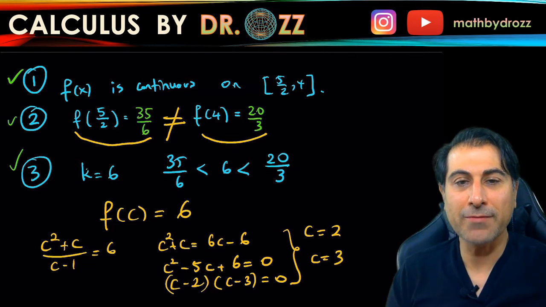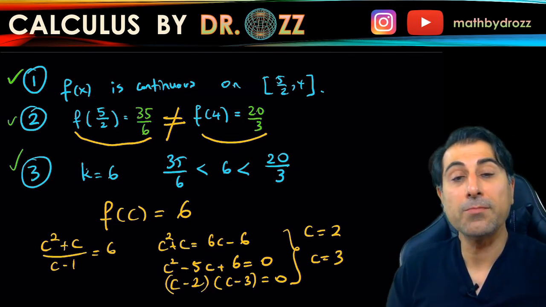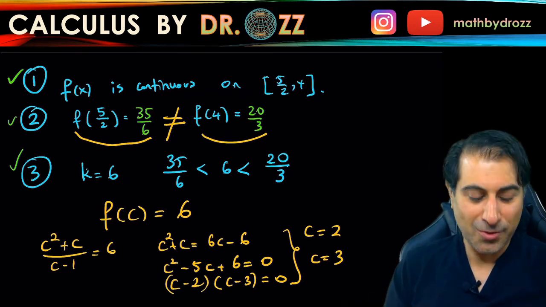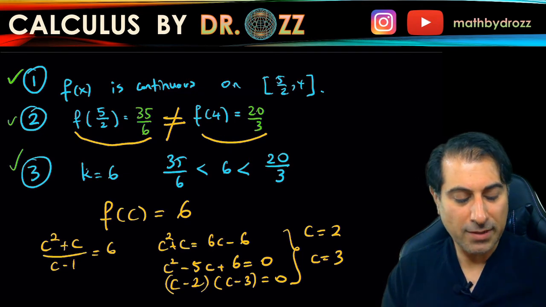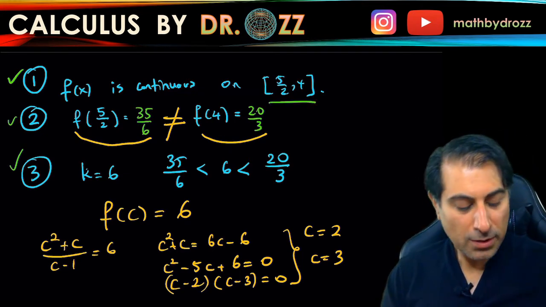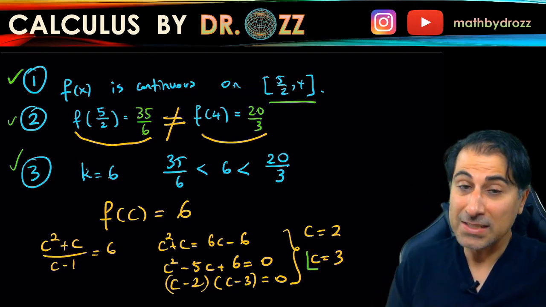So now the question is which one, or are both of them the right answers, or maybe just one of them. To check that, we look at our interval. Our interval is 5 halves to 4. Only 3 belongs to that interval, and c equals 2 does not.